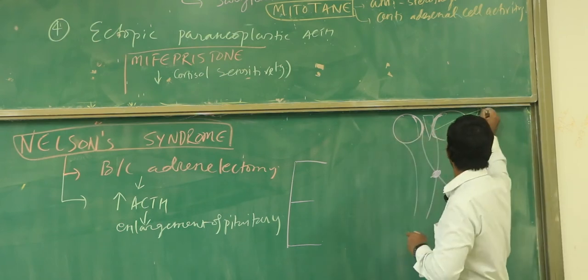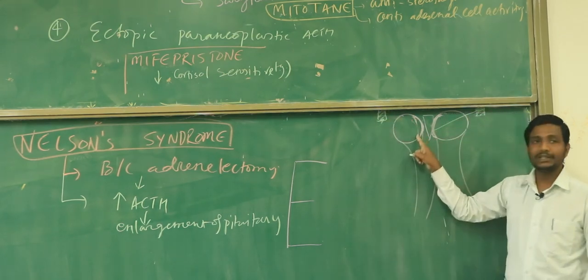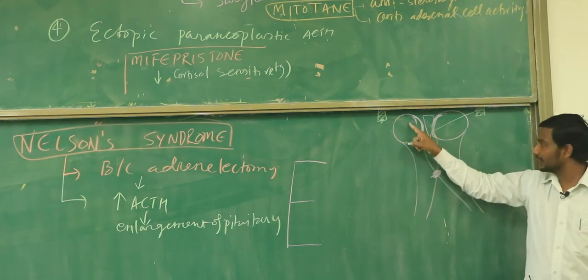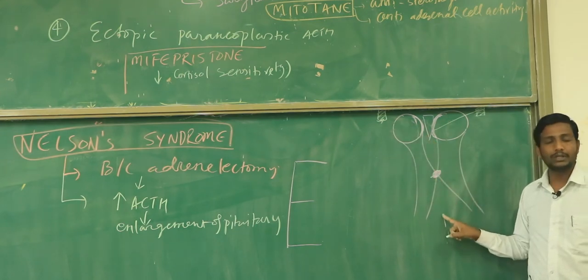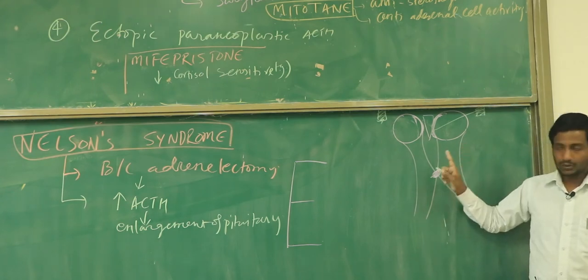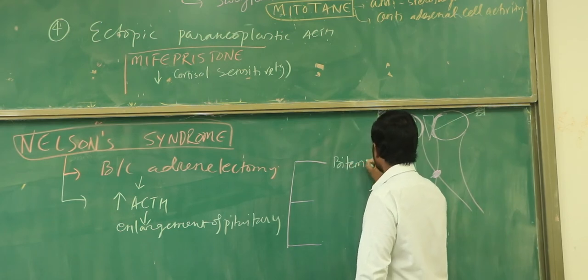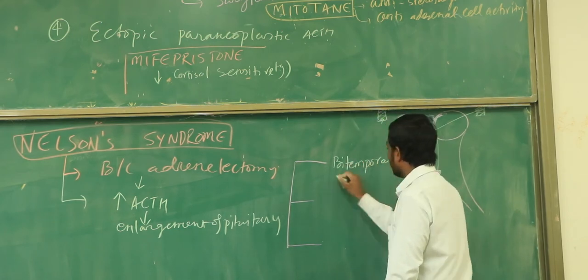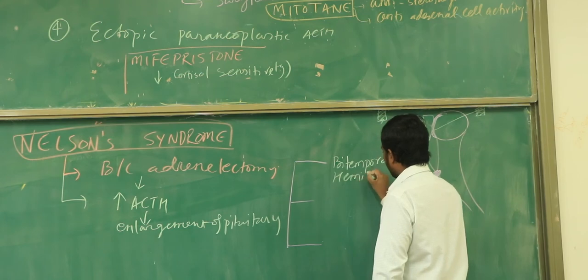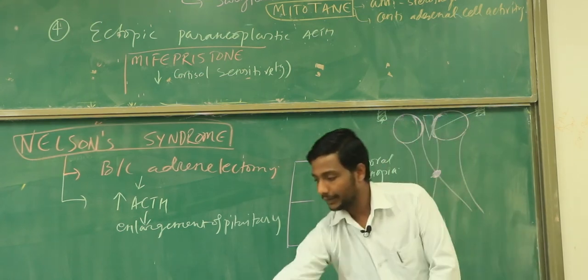So this area will not be able to see, and this area will not be able to see, because the nasal retina has been damaged. Let's say the nasal retina is not able to give the information to your primary visual cortex. Is this concept clear? So this patient may develop bitemporal hemianopia because of compression of the chiasma.